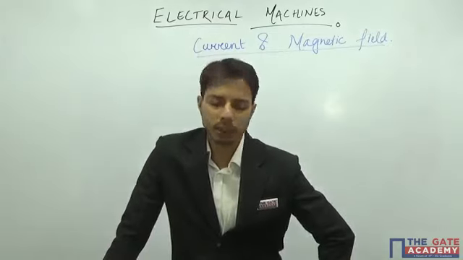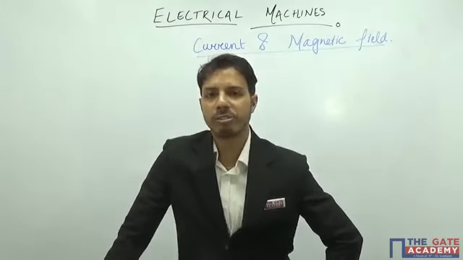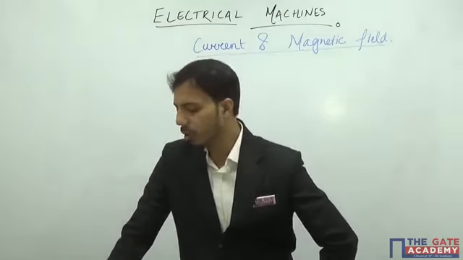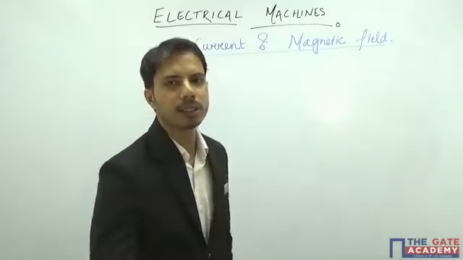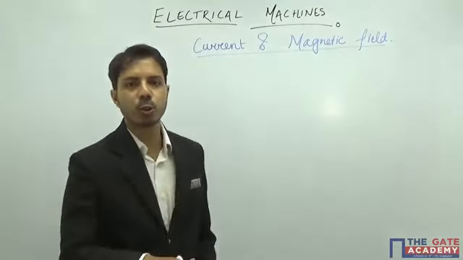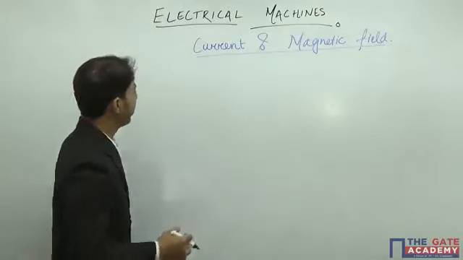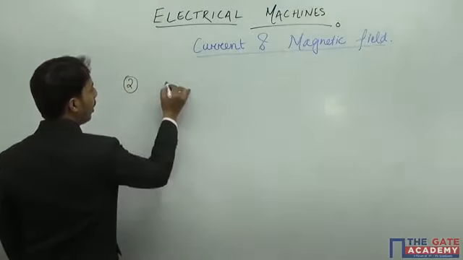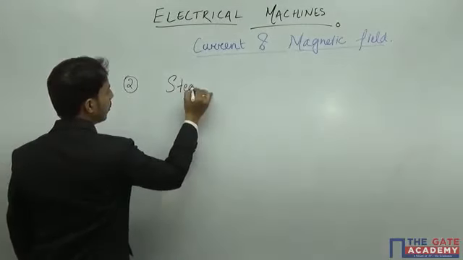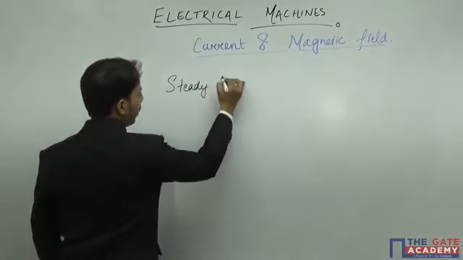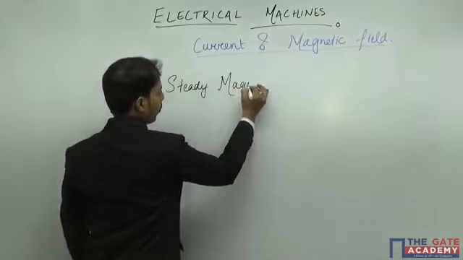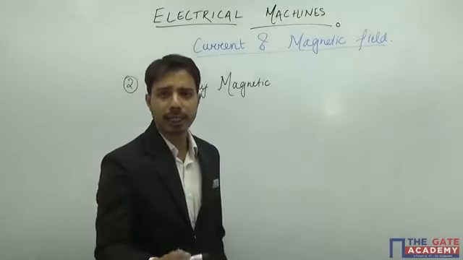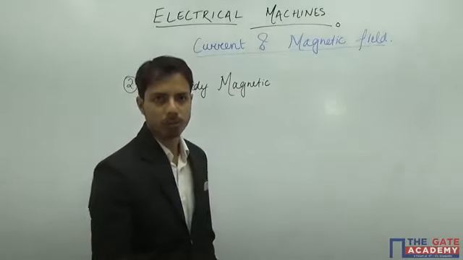Okay, there is one more scientist whose name is Faraday. What he started experimenting on was whether the reverse is true or not. So the reverse is, if I have a steady magnetic field, can it produce steady current? Yes or no?